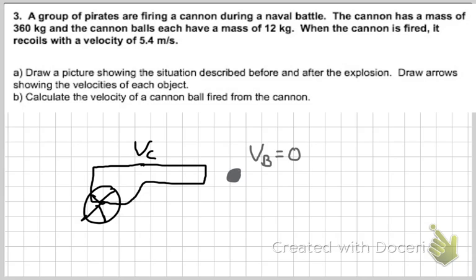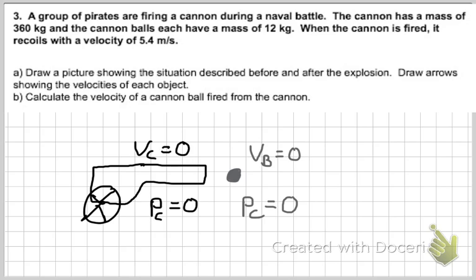The velocity of the cannon is 0. So because both objects have 0 velocity, that means both objects have 0 momentum. So I can say the momentum of the cannon is 0. I can say the momentum of the cannonball is 0 as well.